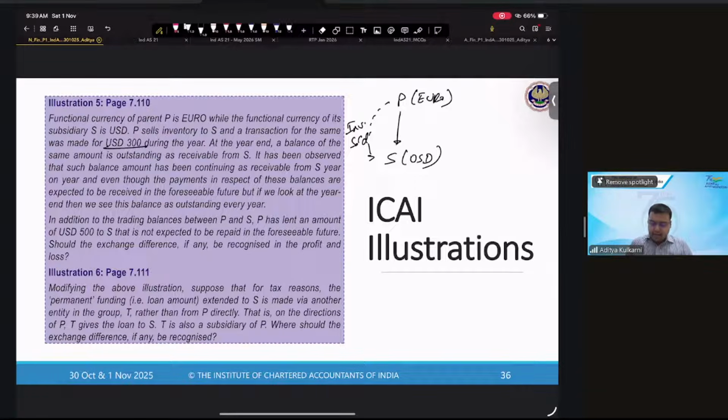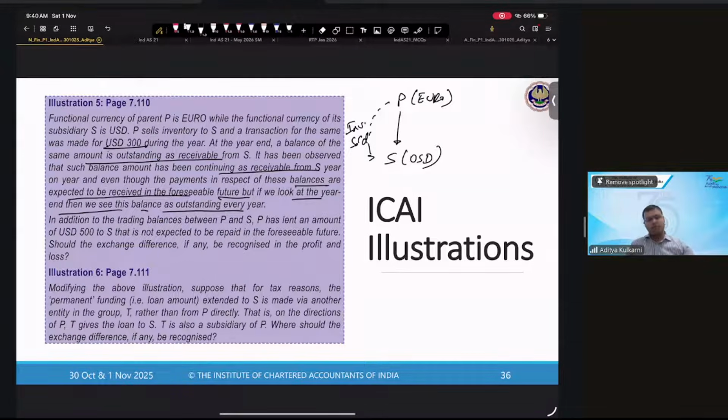At year end, a balance of the same amount is outstanding as receivable from the subsidiary. It has been observed that such a balance has been continuing as receivable from S year on year, even though payments in respect of these balances are expected to be received in the foreseeable future. But if we look at year end, we see this balance outstanding every year.